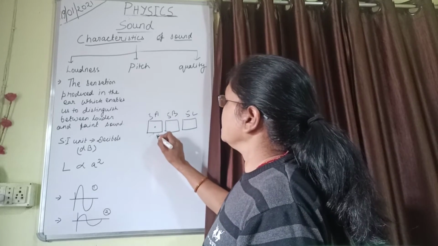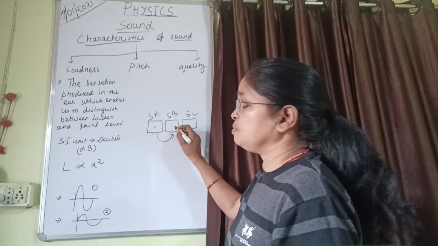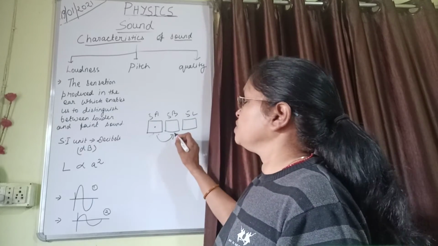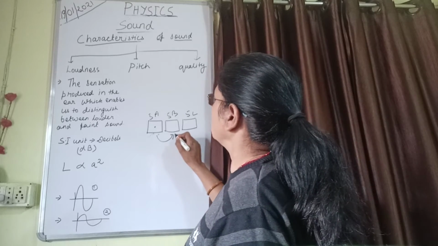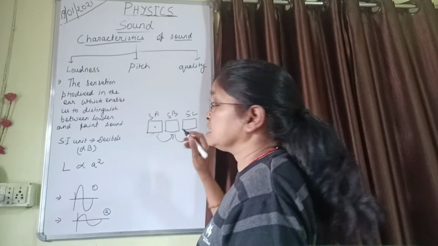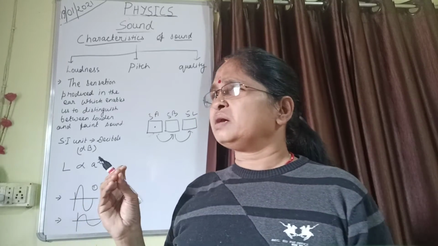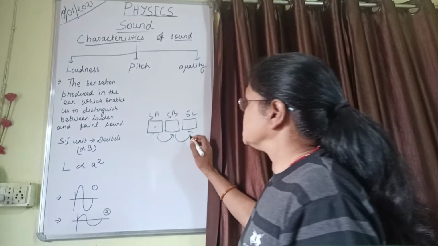Then the same person will go to 5B and ask, have you heard sound? 5B responds, yes, we have heard sound. And when this person goes to 5C and asks, have you heard sound? Then 5C will say, yes, we have got a little bit of sound. Why is 5C saying that?